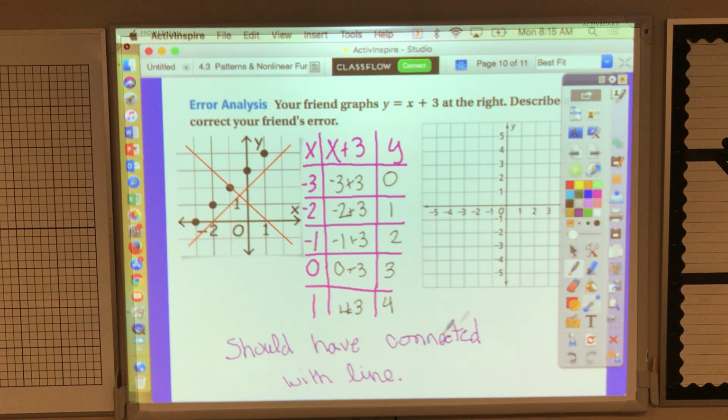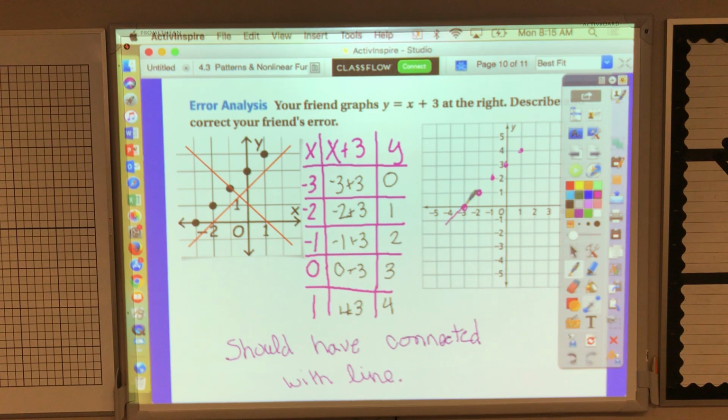Because this wasn't a word problem, it doesn't have any set domain or range, so I should have had that connected. So first dot, second dot, third dot, at 0 we're at 3, and at 1 we're at 4. So their only mistake was not connecting those dots with a line. And there you have graphing a function rule.